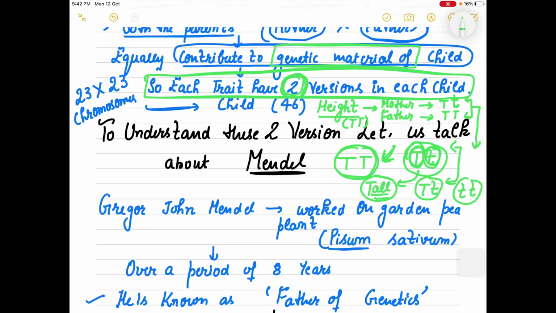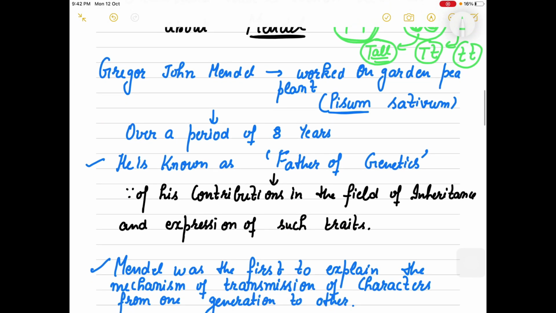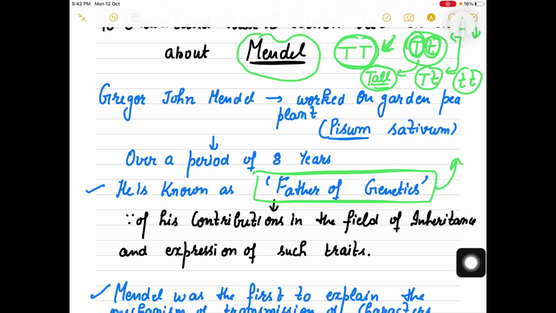To understand these two versions, I am taking you to the work of a very important scientist, who is known as the father of genetics also, and that scientist is Gregor Johann Mendel. He worked very beautifully in the branch of science which deals with genes.